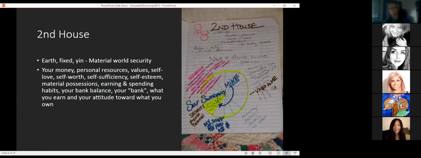The second house is not just working for nothing. It is really choosing based on what has value. So there can oftentimes be a sorting out in the second house of values in general.